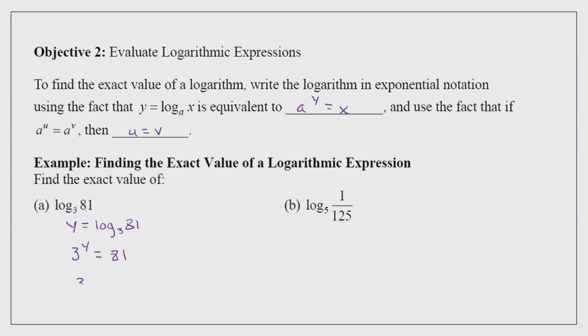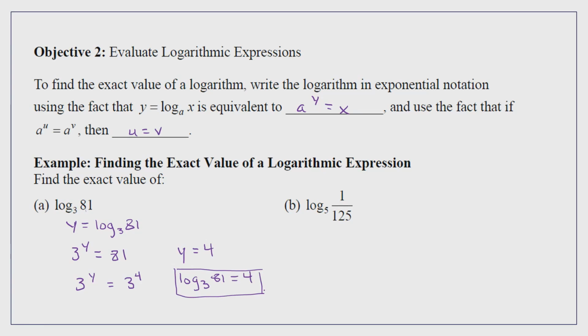So I'll have 3 to the power y equals 3 to the fourth, because 81 can be written as 3 to the fourth power. So now that I have the same base, I can drop my bases and set my exponents equal to each other, and I get y equals 4. Therefore, the log base 3 of 81 is going to equal 4.